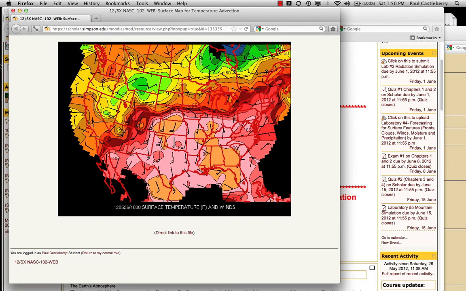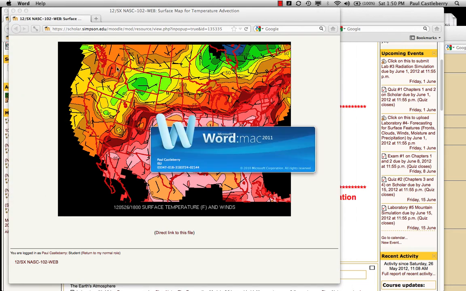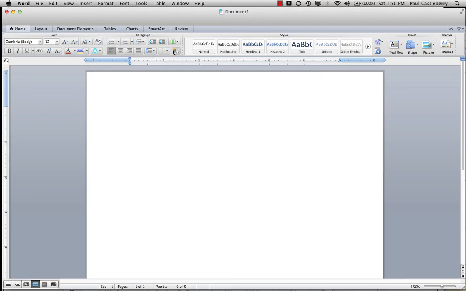Now let's just calculate advection here just for a moment. And the number that we're looking for is 100. And I'll show you what I mean. So recall that we had temperature advection is equal to the wind speed times the change in temperature divided by a distance.